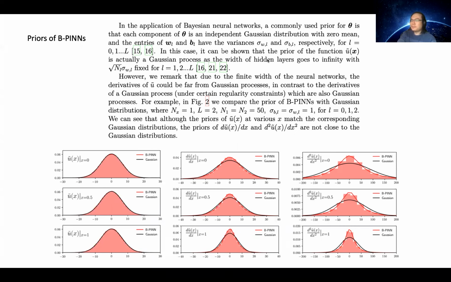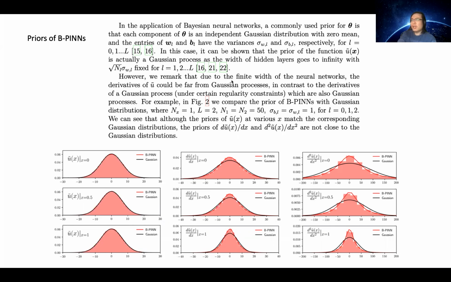But even though we know that this prior is a Gaussian process, it is still not trivial to optimize, or to say how we can set the variances sigma_W and sigma_B. It's not trivial at all.